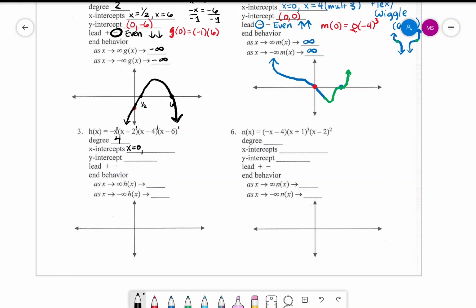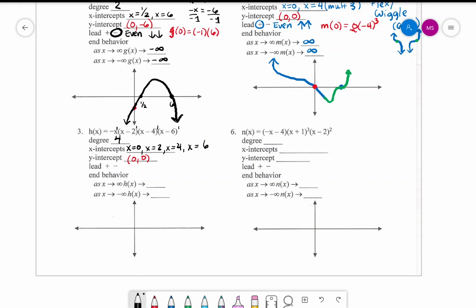X equals 0, X equals 2, X equals 4, and X equals 6. Great. Your y-intercept. Oh, that one's easy because remember this is 0. 0 times any number is 0. So 0, 0. Great.